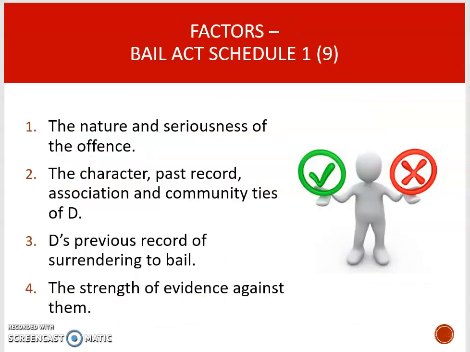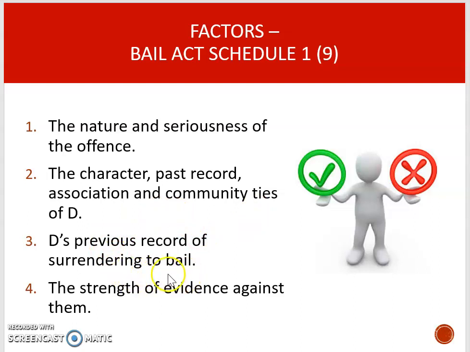When deciding whether to grant bail or not, the court looks at a number of factors, and these factors are listed in Bail Act Schedule 1, subsection 9. And these are pretty common sense when you look at them. So the court's going to consider the nature and the seriousness of the offence, the character and the past record of the defendant, any community ties they have, their record of surrendering to bail.